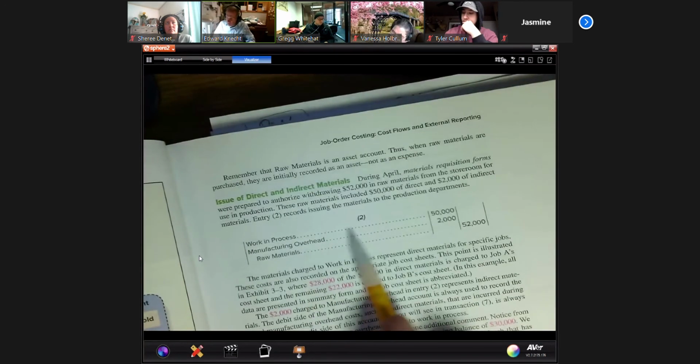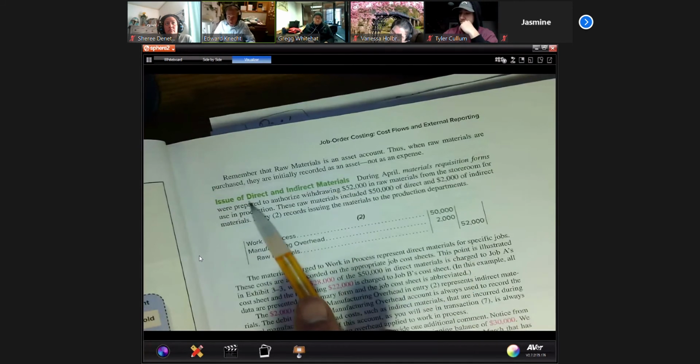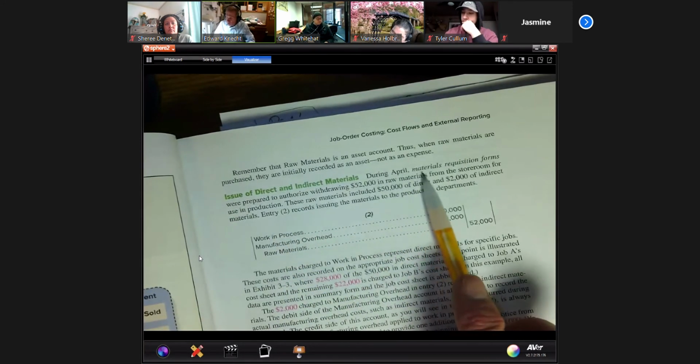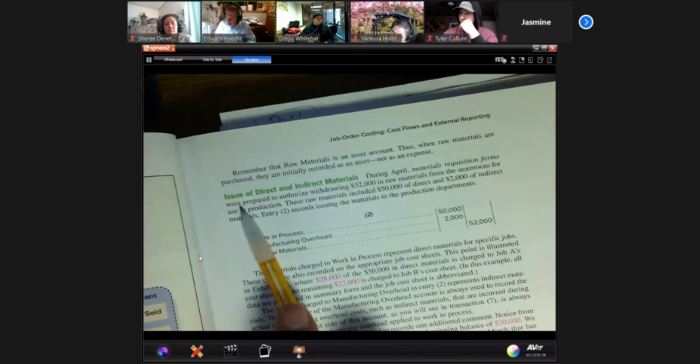Here it is. They debited work in process 50,000, manufacturing overhead 2,000. So this is materials. They had issue of direct and indirect material during April. Materials requisition forms mean they're just asking, hey, we need these materials in production.